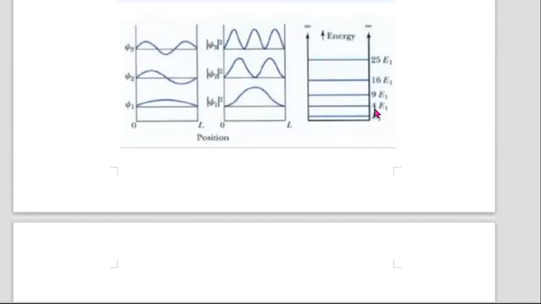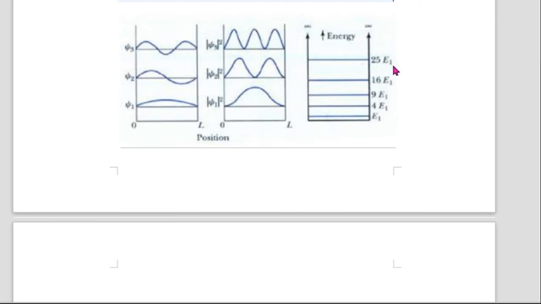Now, you can look at the energy diagram here. You take the ground level energy as E1, that is 1 unit. That is h square by 8 ml square. That is E1. Second will be 4 times E1. Third will be 9 times E1. Fourth will be 16 times E1.